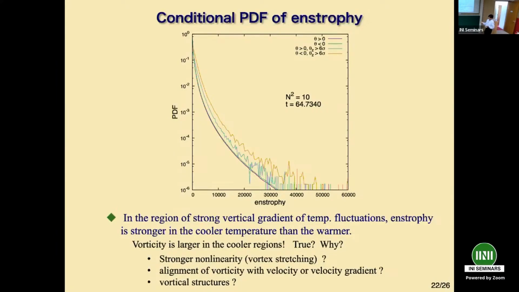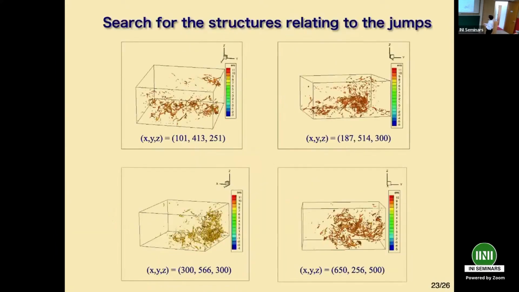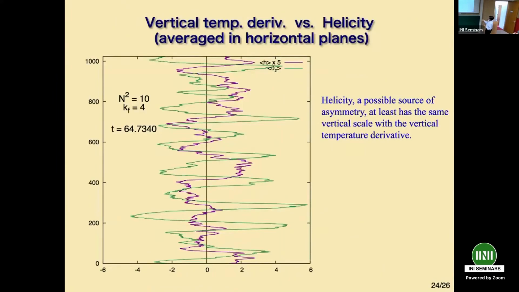we haven't checked. But one suggestion is this: the vertical temperature derivative versus helicity, averaged in horizontal planes.